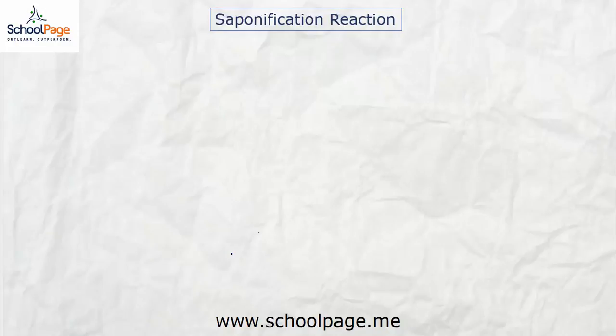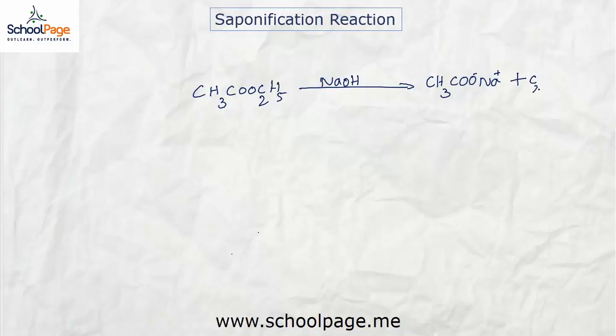So let's write the equation now. The ester produced was ethyl acetate, its molecular formula being CH3COOC2H5, which reacts in the presence of a base which is sodium hydroxide, and the resultant products are CH3COONa plus C2H5OH.